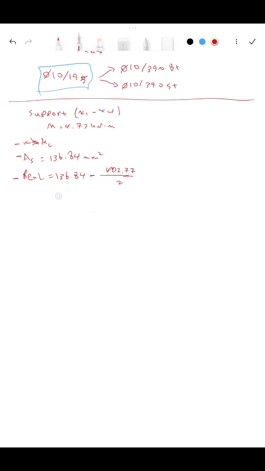Half of this value is working as supports from the span. So this will be 136.84 minus 402.77 divided by 2, which equals minus 64.5, the real area of steel. So in this case, while the value is negative, there is no need for support bars.